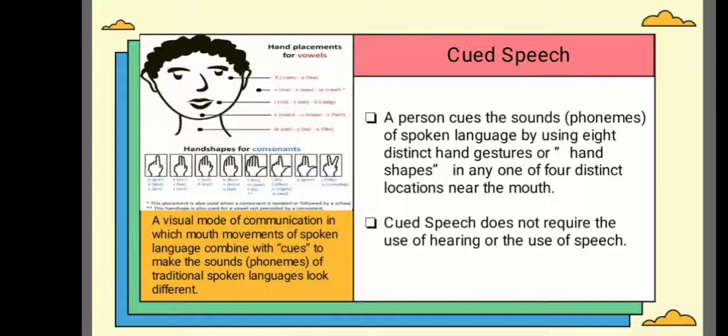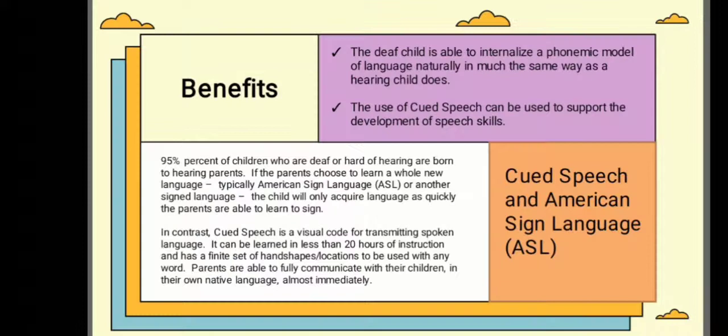With or without hearing any sound at all, the deaf or hard of hearing person sees exactly what is being said. Cued speech does not require the use of hearing or the use of speech. It only requires that the user show the mouth movements that match the cues.